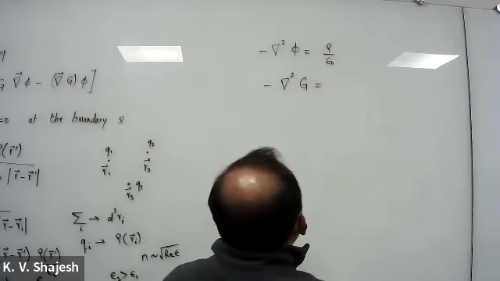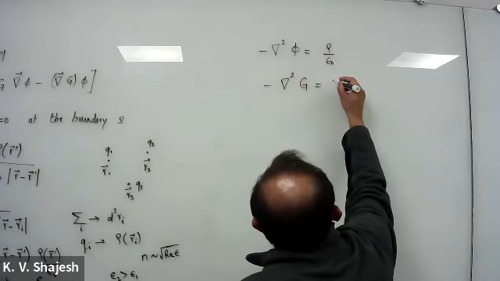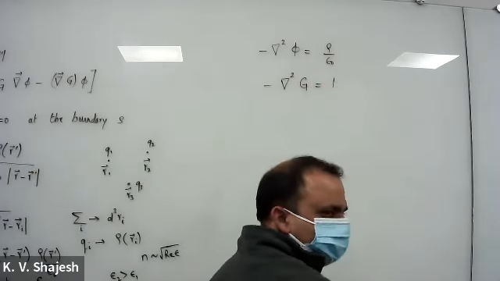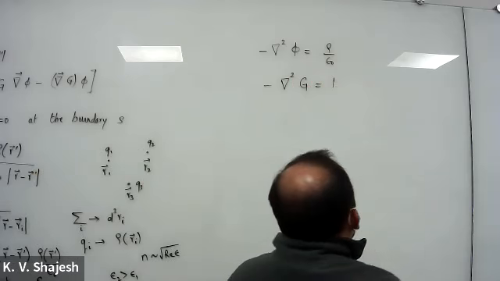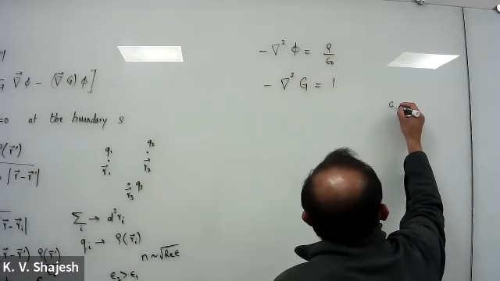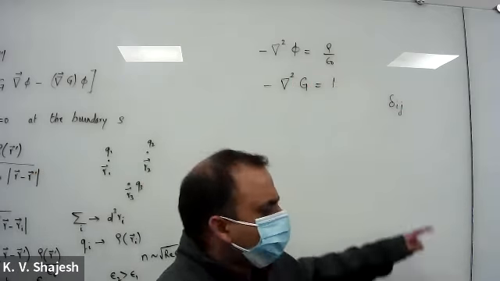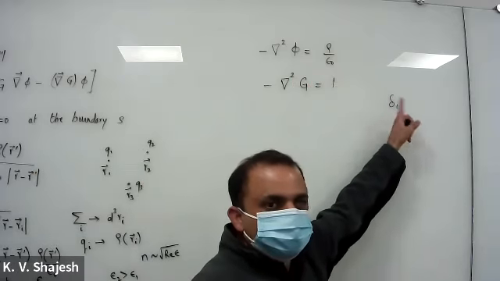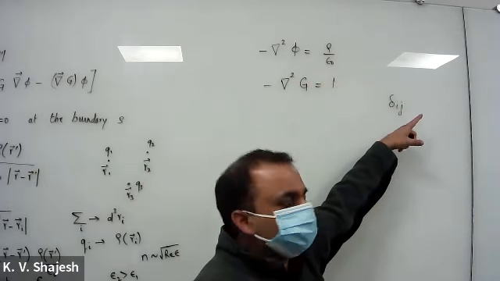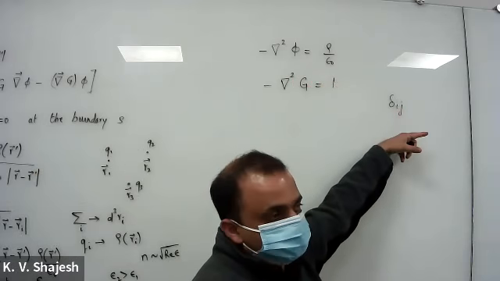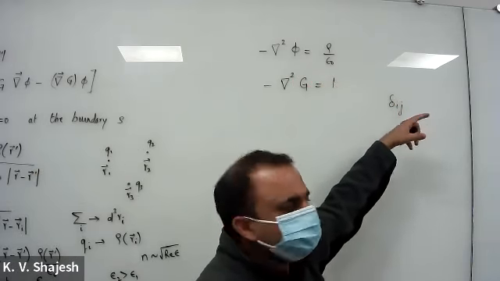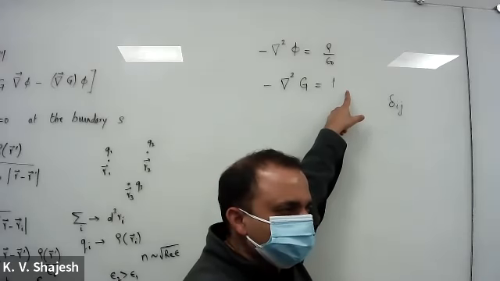And the delta function is in many ways just the identity. In what sense is it that identity? If I were to have a matrix, delta ij, this is a canonical delta. This is equal to 1 if i is equal to j, and 0 if i is not equal to j. And the delta function also has very similar properties.